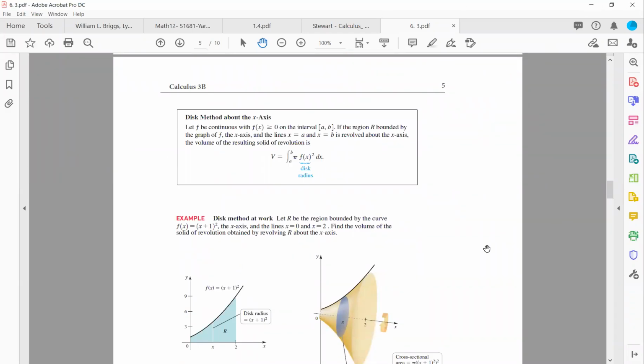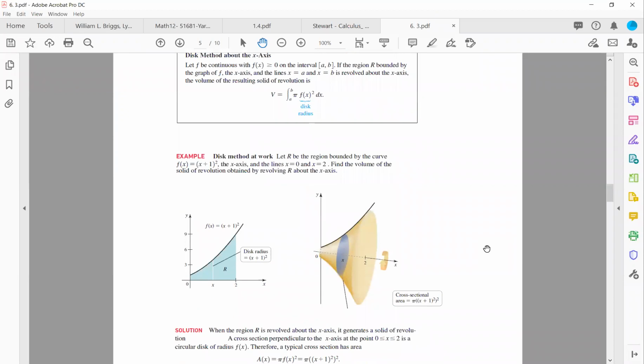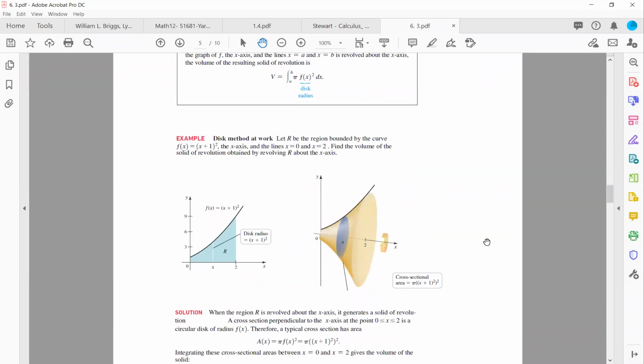So let us take a look at one example, see what's going on here. Region R is a region bounded by the curve f of x equals x plus 1 squared, the x-axis, and two lines, x equals 0 and x equals 2. So it seems like our boundaries are given, a and b.